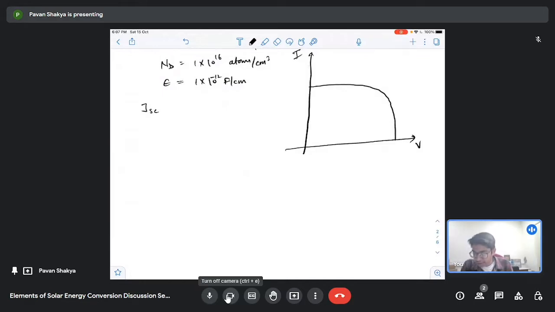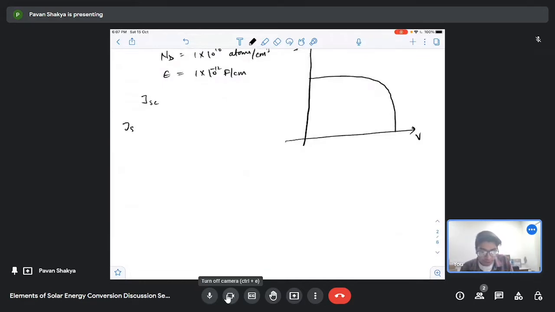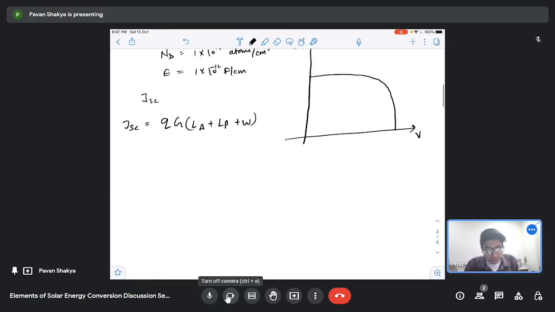For this JSC, the formula we know is JSC equals Q G (Ln plus Lp plus W). Now in this formula, Ln and Lp are the diffusion lengths in the P side and the N side.